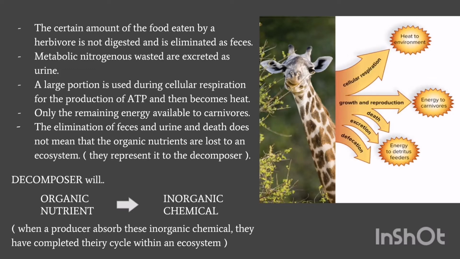They will convert them to inorganic chemicals such as carbon dioxide and water, and then release them to the soil or atmosphere. So once the producers absorb these inorganic chemicals, they have completed their cycle within an ecosystem.